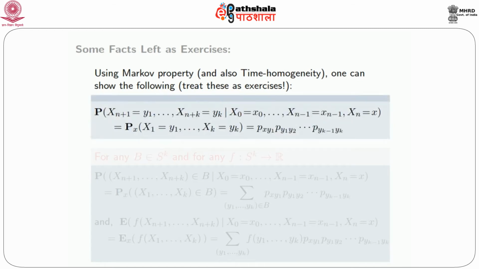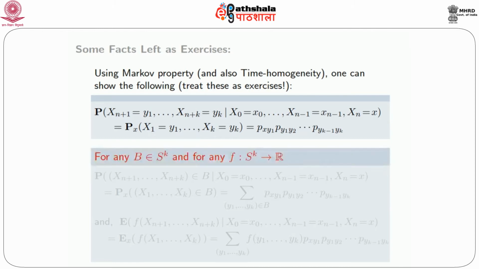It talks about: given the past history up to time n, and given that at present time n you are in x, the conditional probability of successively moving from x to y1, then to y2, then to yk in the next k steps. That probability is simply given by the product of the transition probabilities, which is the extreme right hand side of this identity.